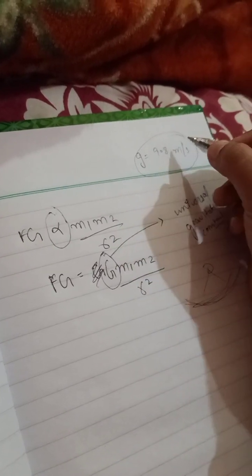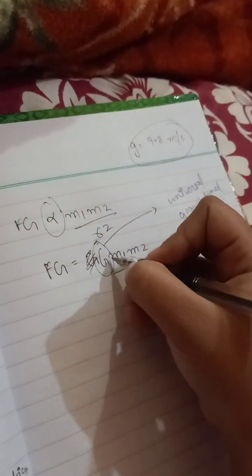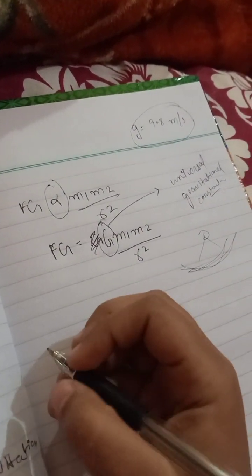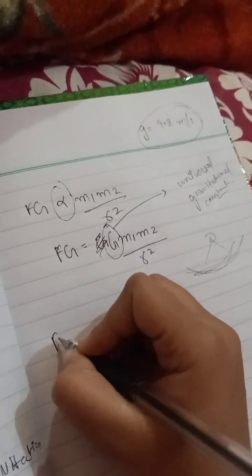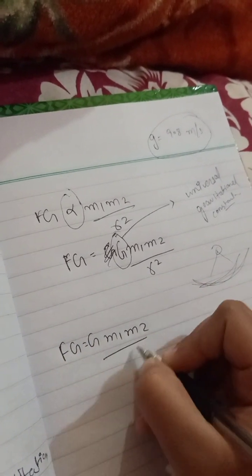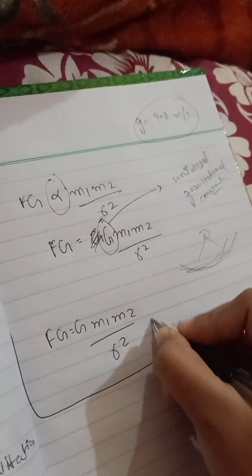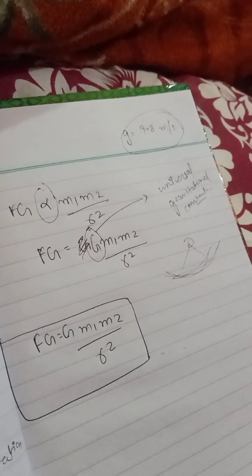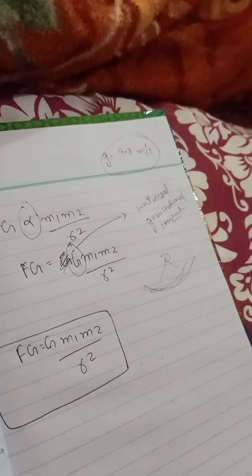This gravity can change, but the gravitation constant cannot be changed. This is a constant value. So we can write that Fg is equal to G m1 m2 upon r square, the gravitation force.